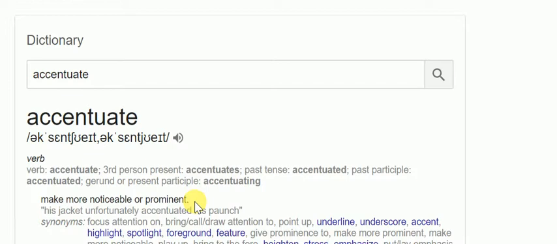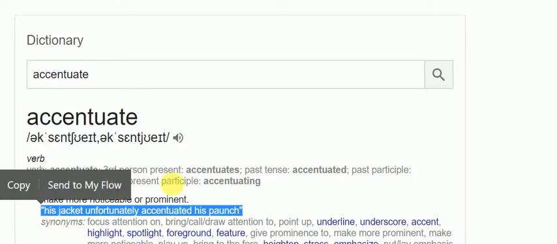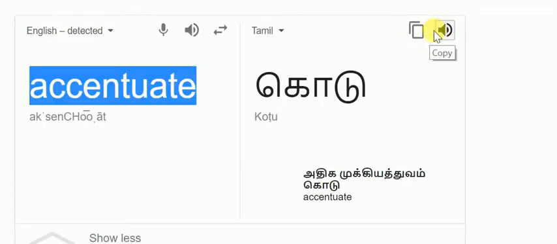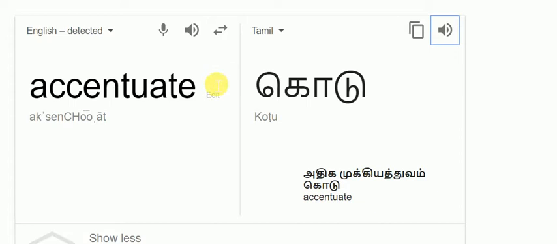You can see the sentence for this: the jacket unfortunately accentuated his paunch. In Tamil we can say கொடு, which means to give.